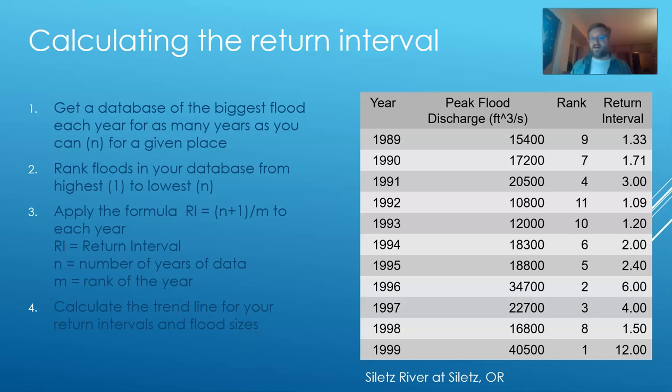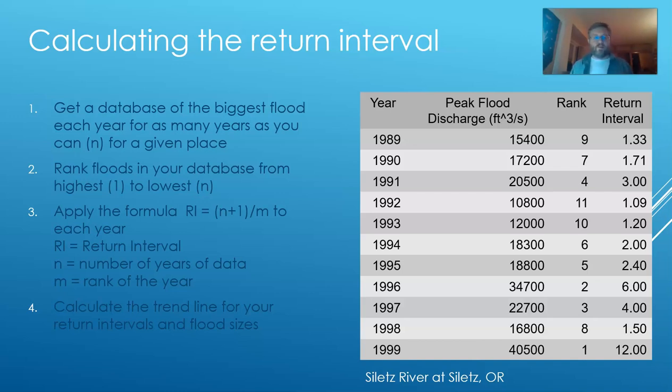That's the biggest flood on this list, so it gets a 1. The second biggest flood on this list was in 1996, 34,700 cubic feet per second, so that gets a 2. And on down, in 1992, their biggest flood was 10,800 cubic feet per second. That's the lowest biggest flood on this list, so that gets the 11. So we've got the ranks listed for each of these years.